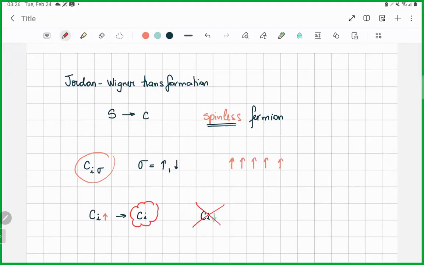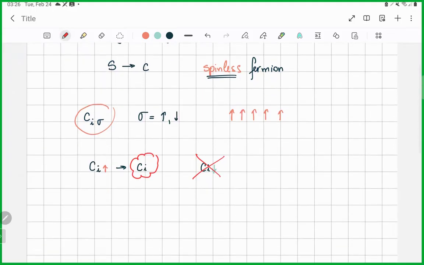It does not mean that we are talking about a fermion without spin. It does have its spin, but this degree of freedom is not important since all of the particles have exactly the same state for the spins.